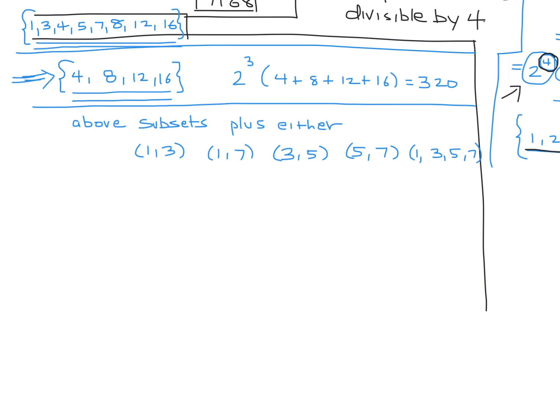Okay, so let's take this one step at a time. We're going to have to do 1, 2, 3, 4, 5 more scenarios plus this base value of 320.